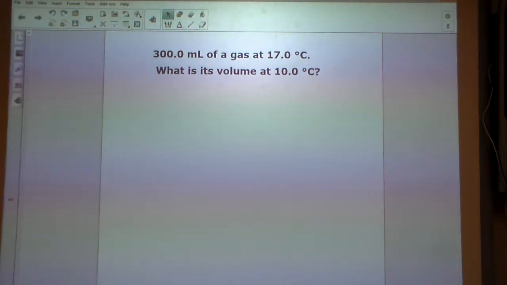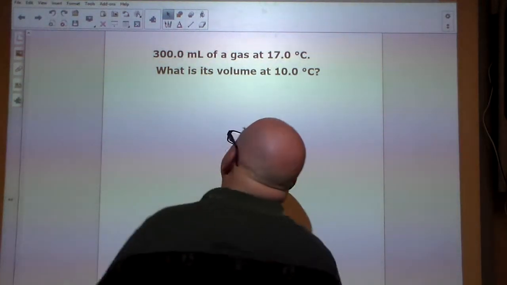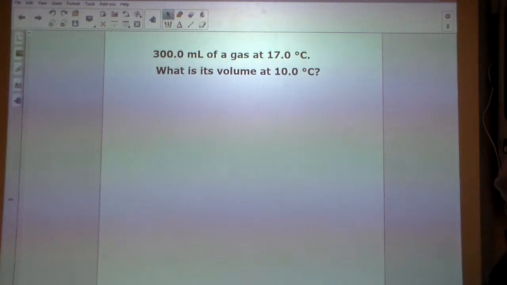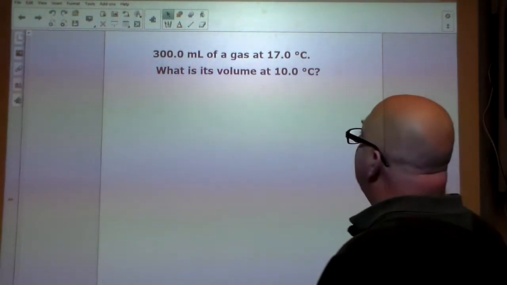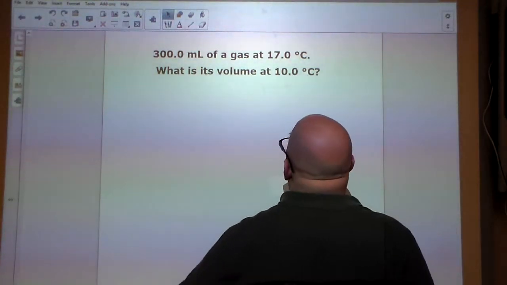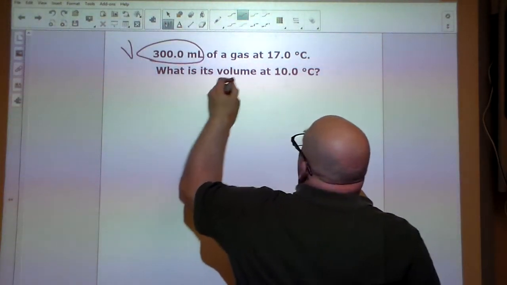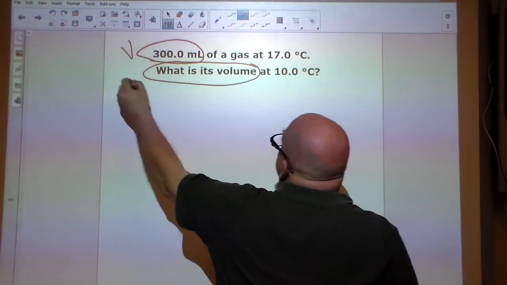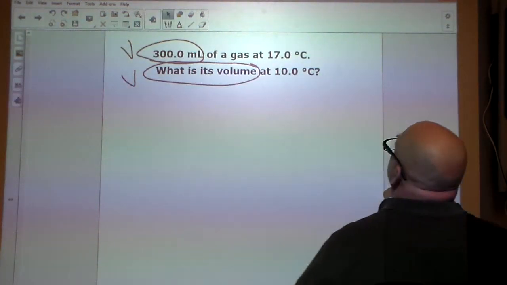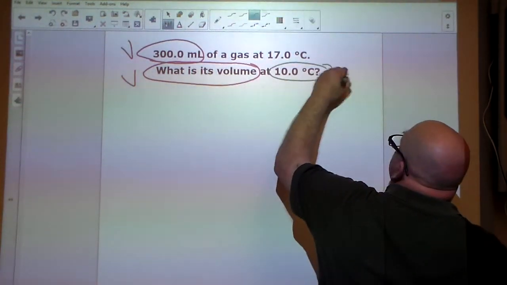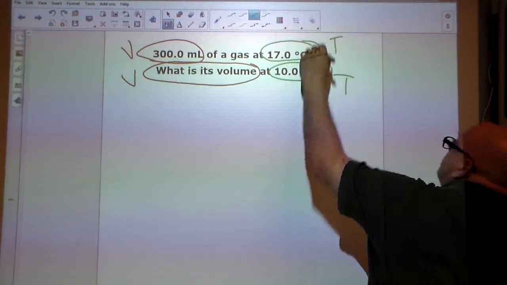The next one is 300 milliliters of gas at 17 Celsius. What is the volume at 10 degrees Celsius? This is a little bit more straightforward. So I know that this is a volume. What is its volume? This is the second volume, just by tearing it apart. Here is a temperature, and here is another temperature.